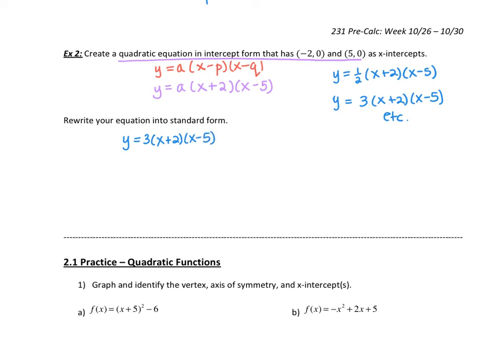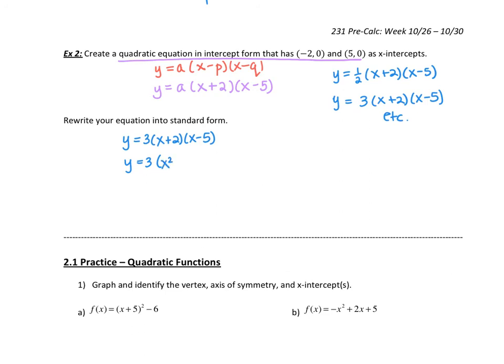And to change it to standard form, again, we're just going to multiply everything out. So I'm going to multiply the x plus 2 times the x minus 5 first, and then multiply the 3 through. Technically, it doesn't matter whether you want to multiply these first or these two first because multiplication is commutative. But since it's pretty easy to distribute the 3, I'll do that last.